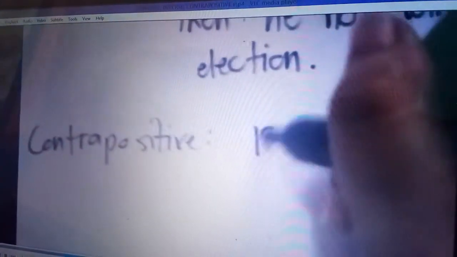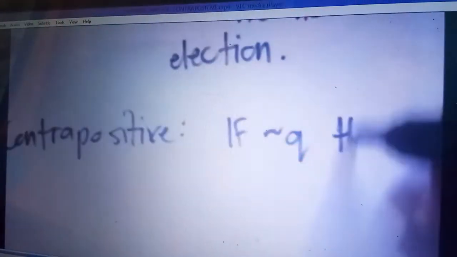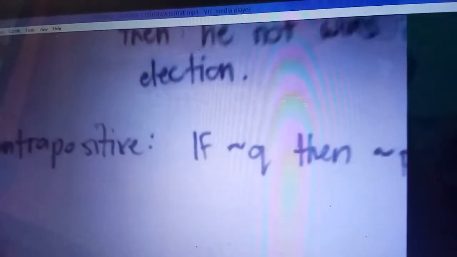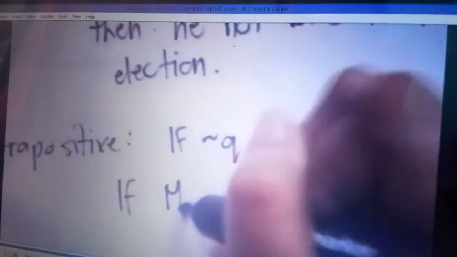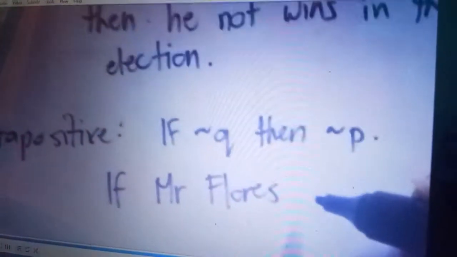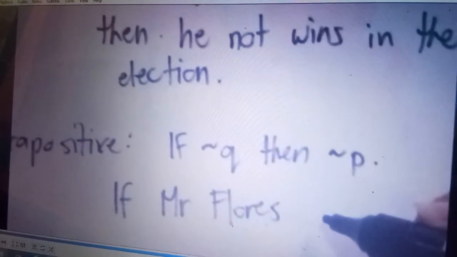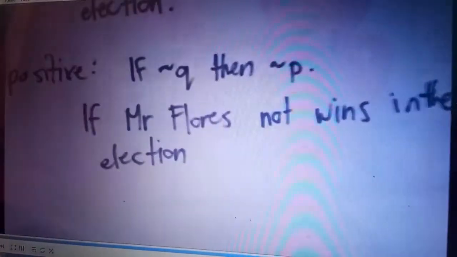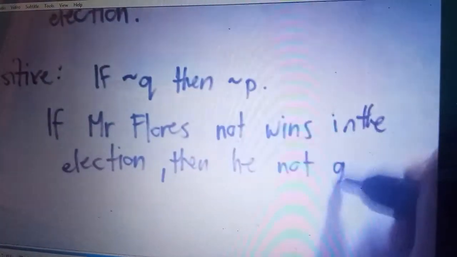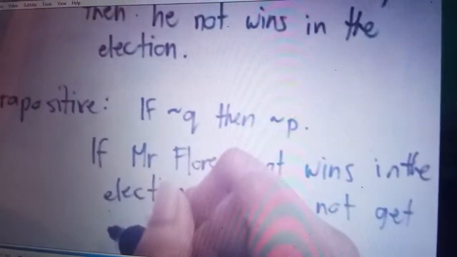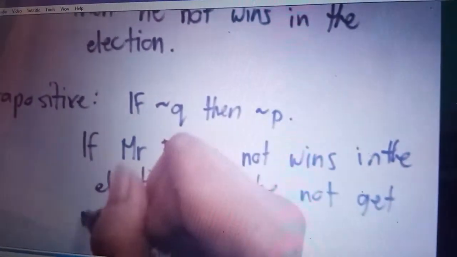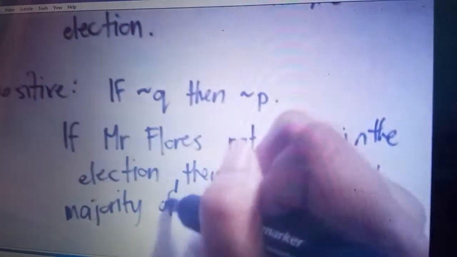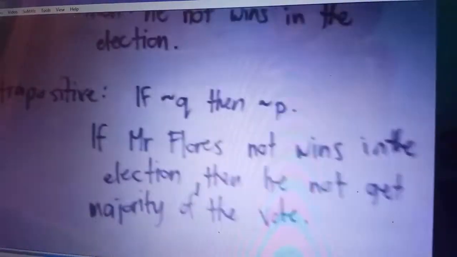In the contrapositive, we have the form if not Q, then not P. So if Mr. Flores does not win in the election, then he does not get a majority of the vote. So that's it.